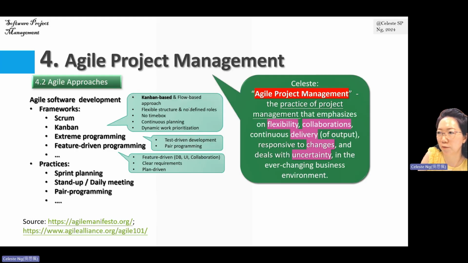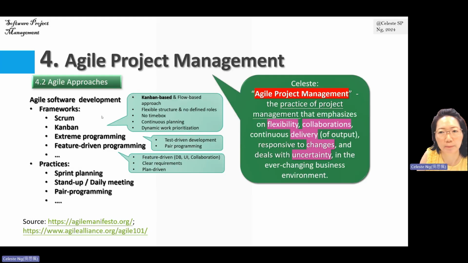Agile project management is the practices of project management that emphasize flexibility, collaboration among business users and developers, continuous delivery of output or partial working software, and being responsive to changes and dealing with the uncertainties in the ever-changing business environment. This is my integrated or summarized definition of Agile project management.